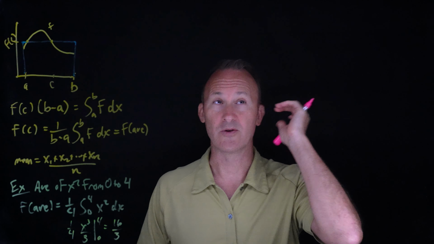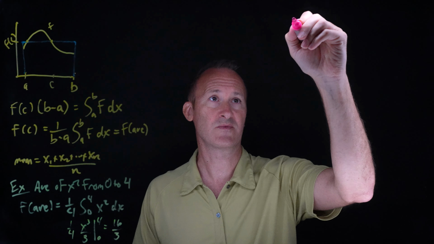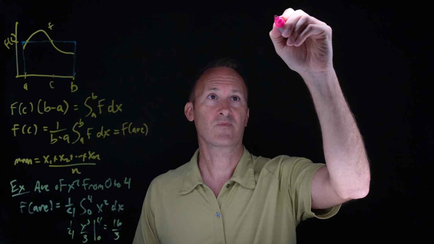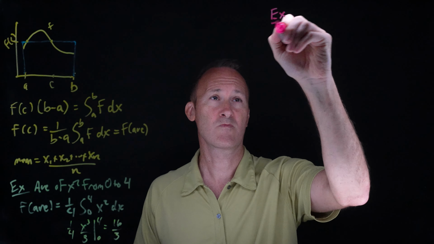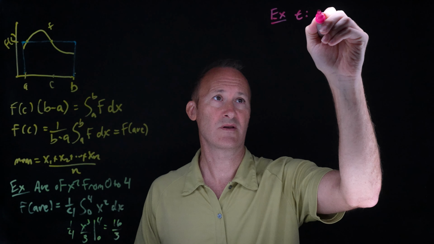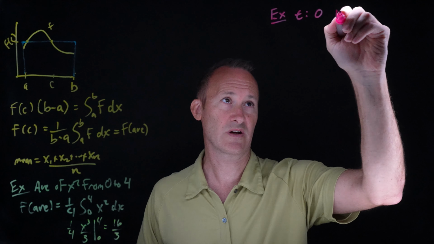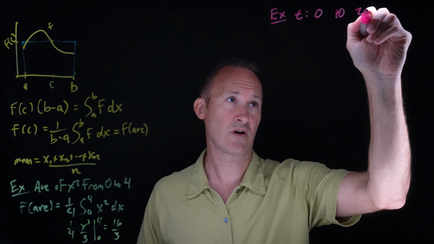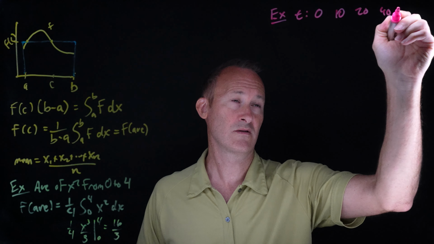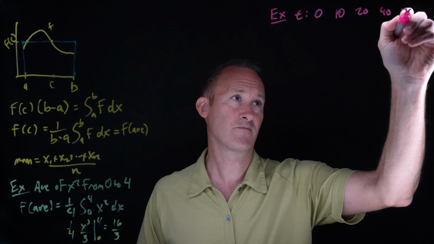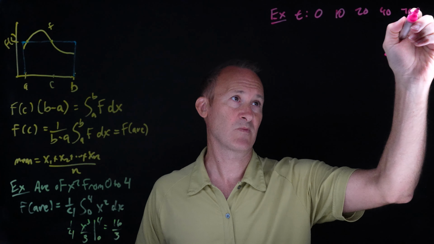So consider the following. Let's consider that we have some different times. Say 0. Now the times might vary. Let's say we've got 10 here, 20, then 40, 70, maybe even 90.